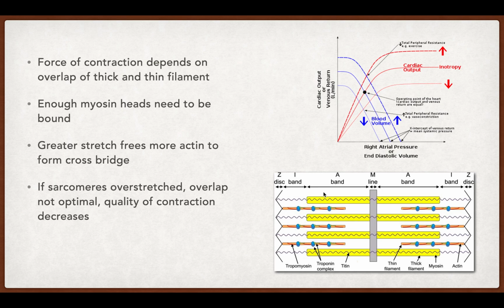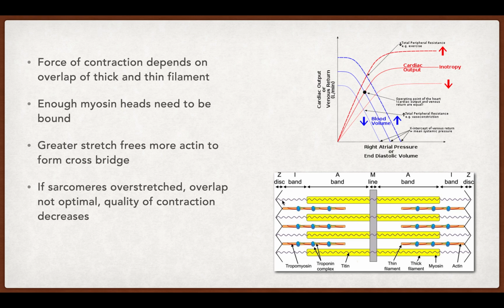Let's say there's another band on top, and this yellow band will kind of block the other band's sites, and the myosin heads are going to be very particular. So if the heart is stretched, more of the myosin heads are going to be able to reach around to the other strand of actin, and that will allow the harder contraction because there are more heads binding, more cross-bridge cycling.